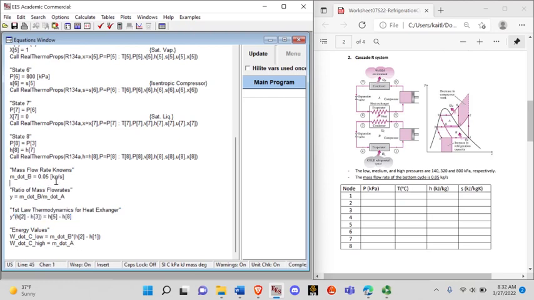Because we know m dot B using this first law of thermodynamics equation, we have every known value here except for Y. So then we'll go into this ratio of mass flow rate, so we know Y, we know B, and then we'll find m dot A. So that's a known now. And now it's H6 minus H5.